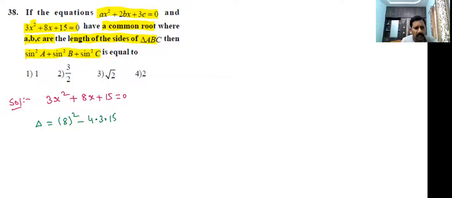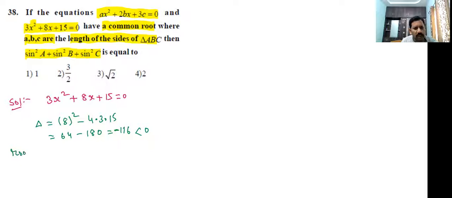How much? 64 minus 180. Is it correct? Yes, minus 116. So it is less than 0. Delta less than 0 means the roots are complex and conjugate.